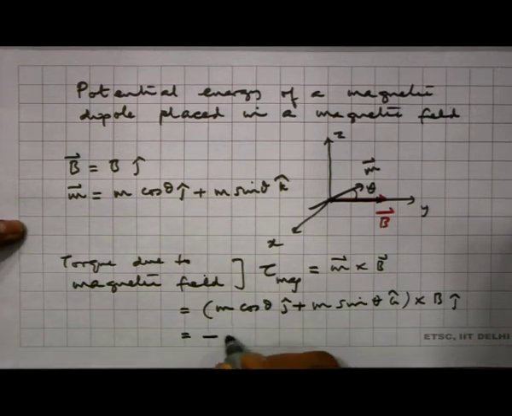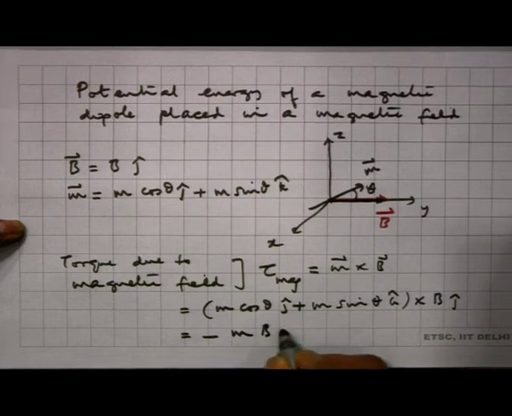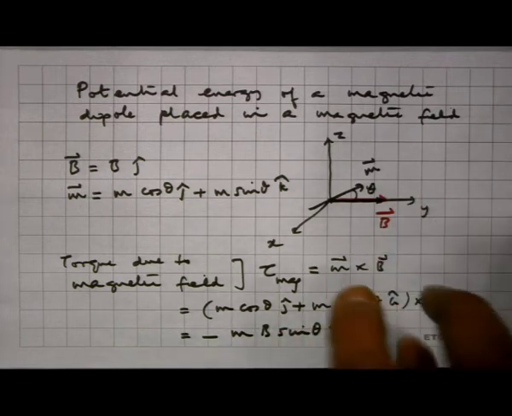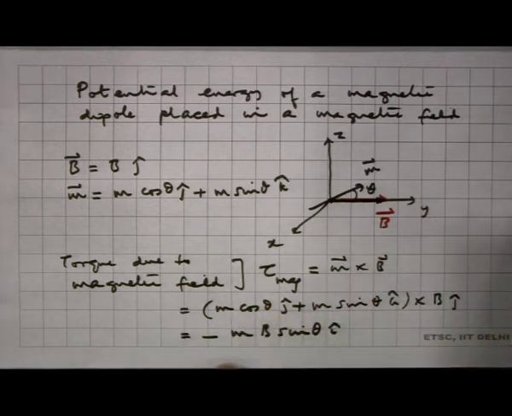So, I get minus m B sin theta i cap. So, the magnetic torque direction is along the minus x direction because it is trying to rotate the m vector along the direction of the magnetic field. So, the torque is in this direction, the reverse direction, acting like this, and that is the minus i cap direction.